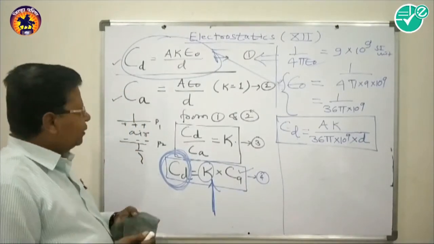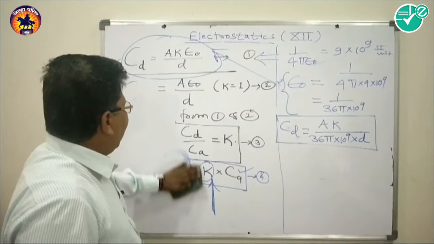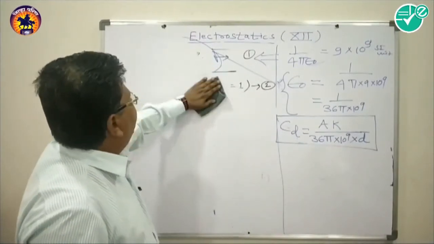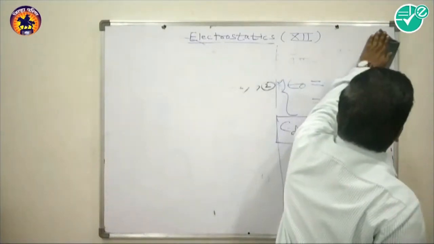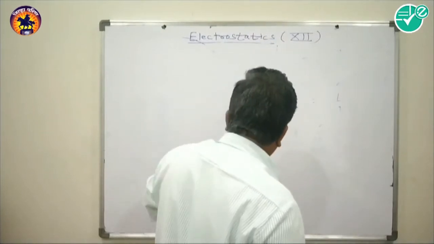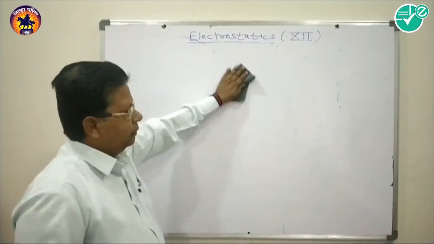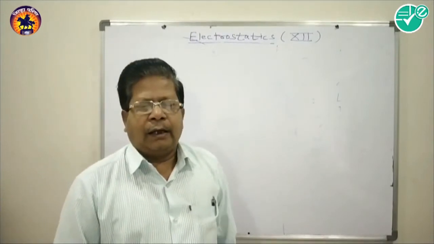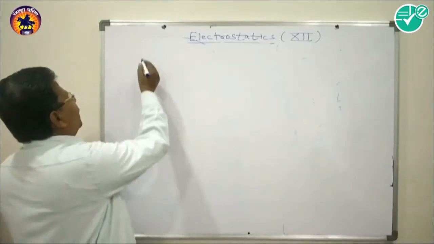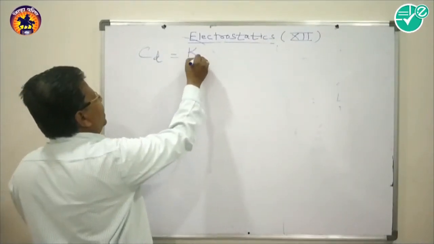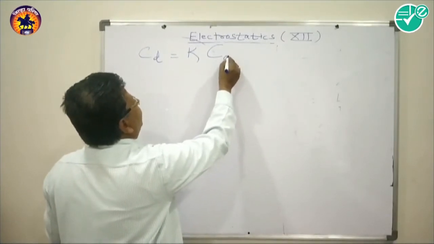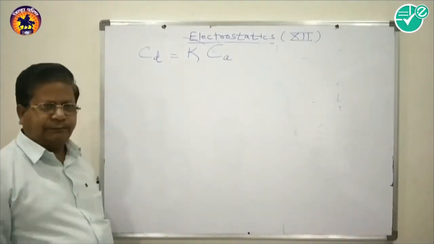Now, what is the effect of dielectric on the capacitance of a capacitor? As we have already seen, capacitance with dielectric is equal to K times the capacitance of a capacitor which is filled with air.